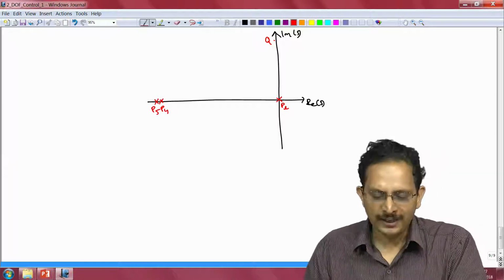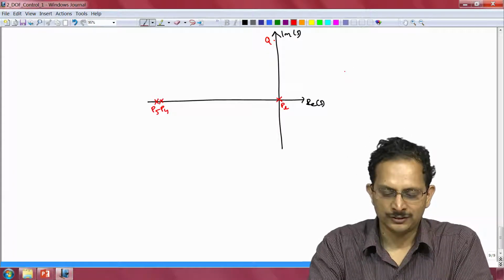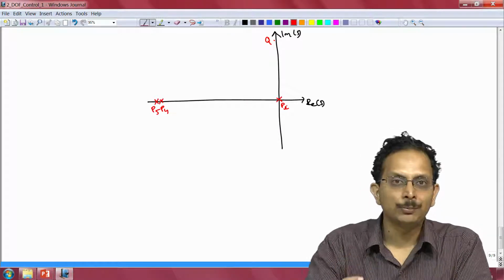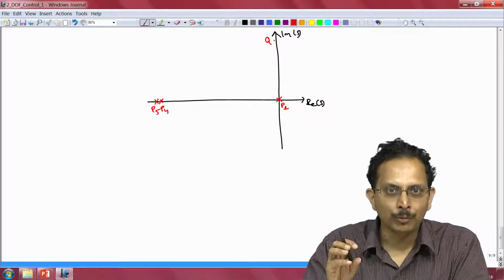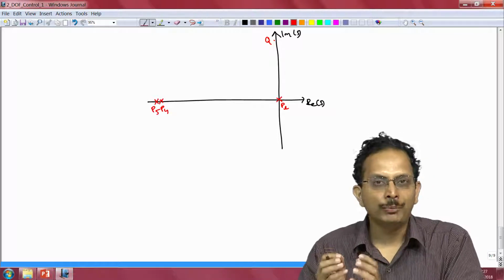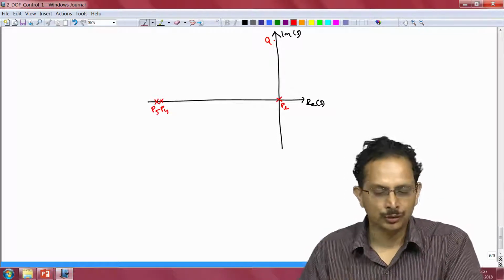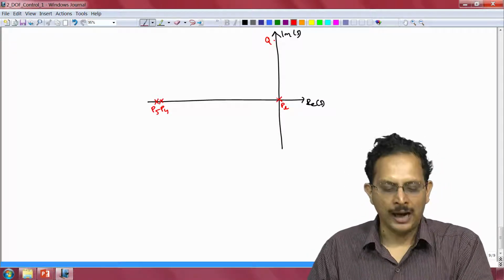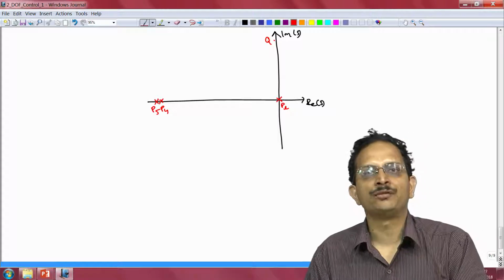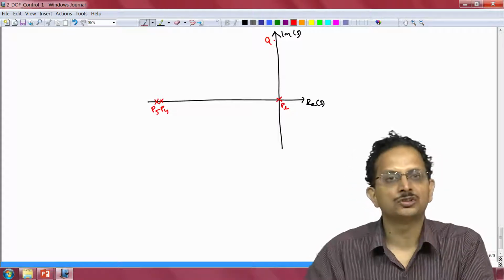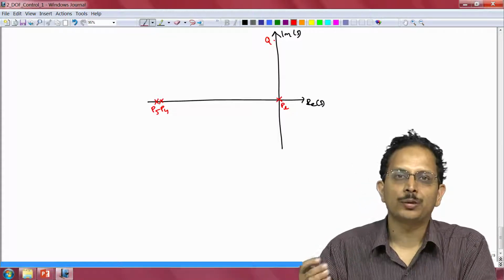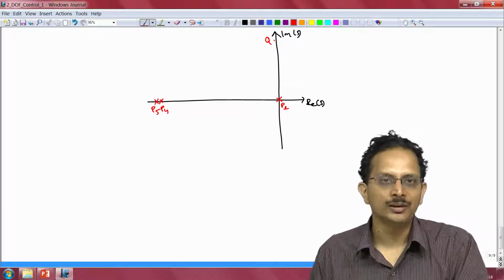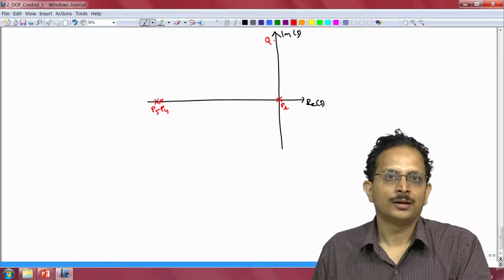What it indicates is that the angle subtended by the lumped pole PL at the origin, the effective pole which is the combination of the 3 poles and the 2 zeros that were located close to one another, and the 2 far away poles P4 and P5, put together should subtend an angle of minus 180 degrees at the point Q, since the point Q is a point on the root locus.